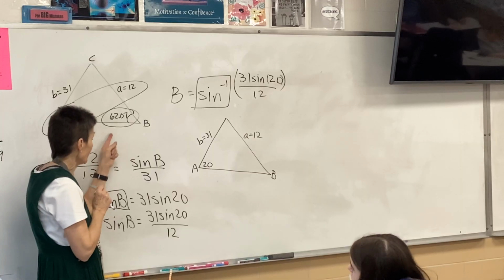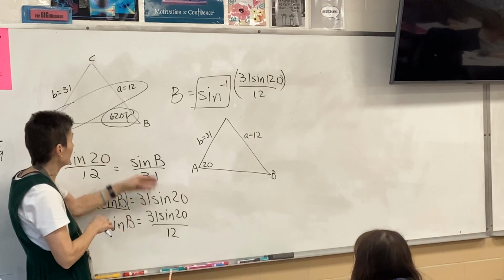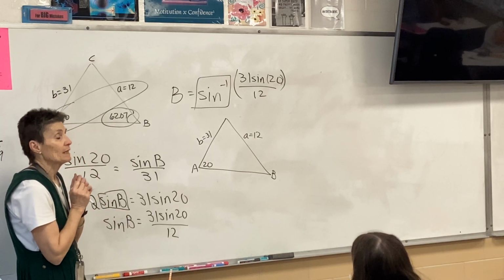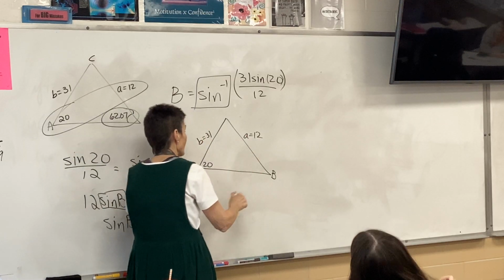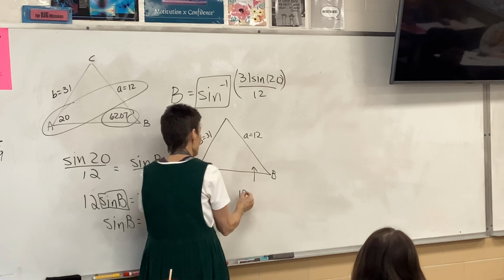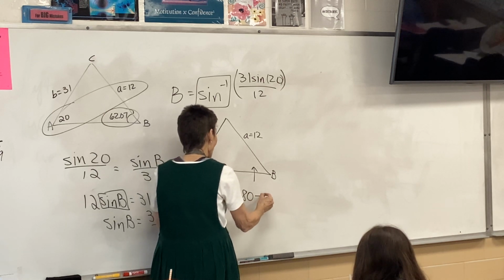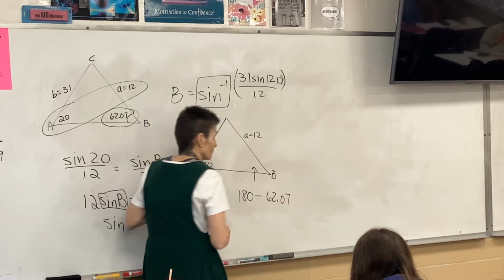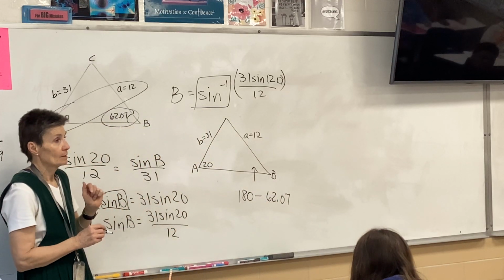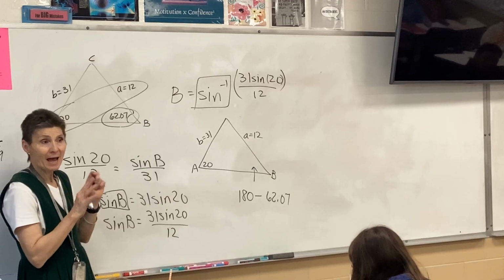So the first one, we typed it in our calculator and we got it. If there is another angle, it will be 180 minus the first one. Now there's math behind that.